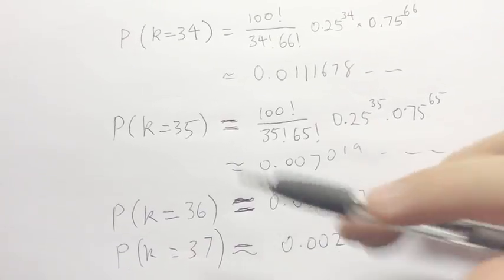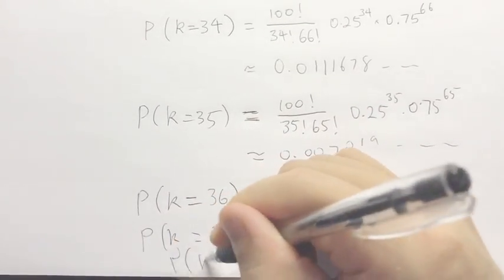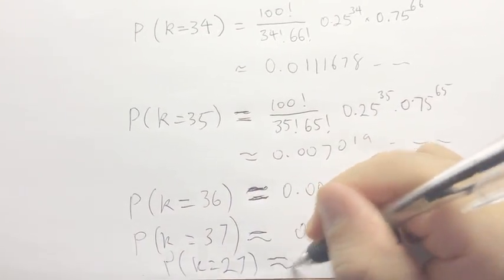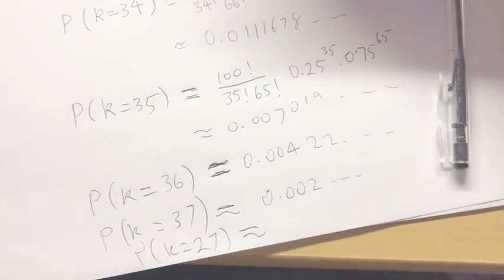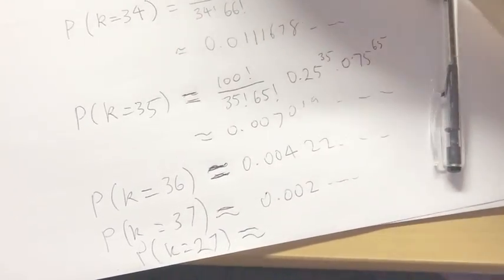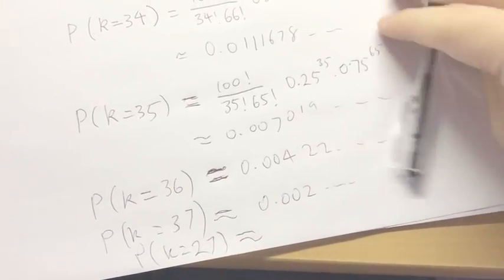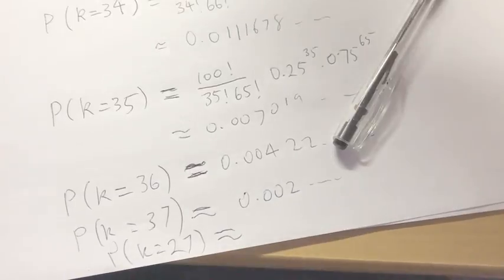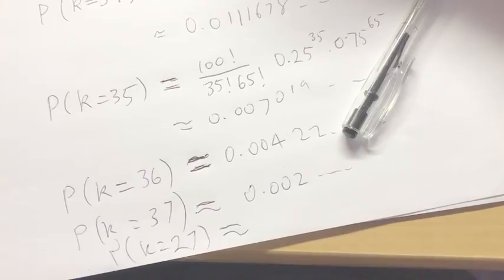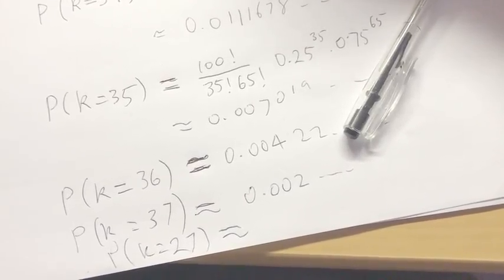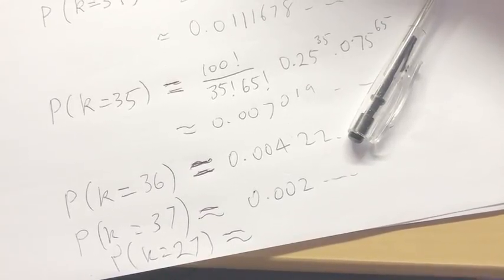You could even go all the way to 27 then. So P of k equals 27 is equal to, so change to 27 factorial and then 73 factorial. Something has gone wrong.